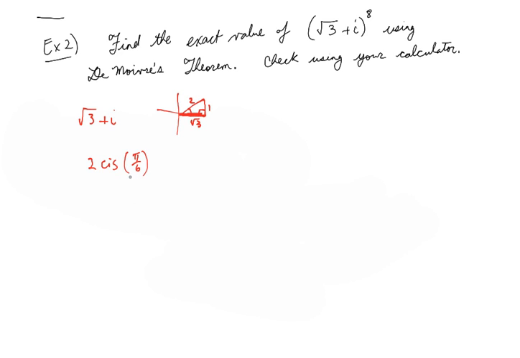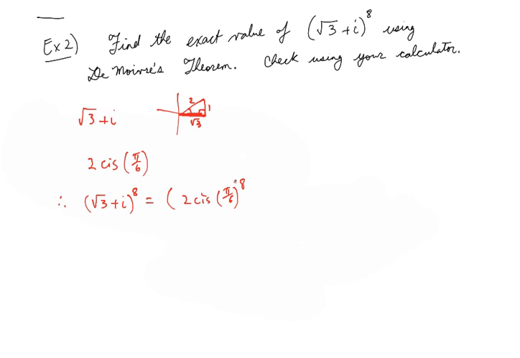Now that I have this form here, root 3 plus i raised to the 8th power is going to be 2 cis of pi over 6 raised to the 8th power.